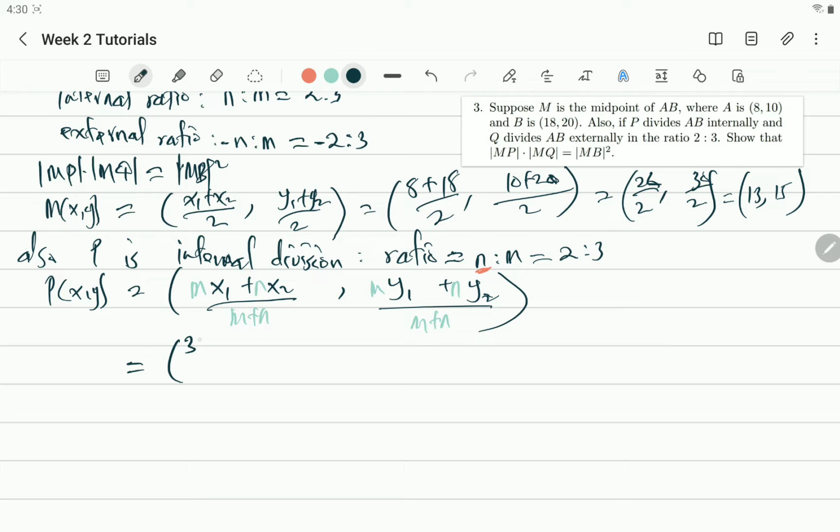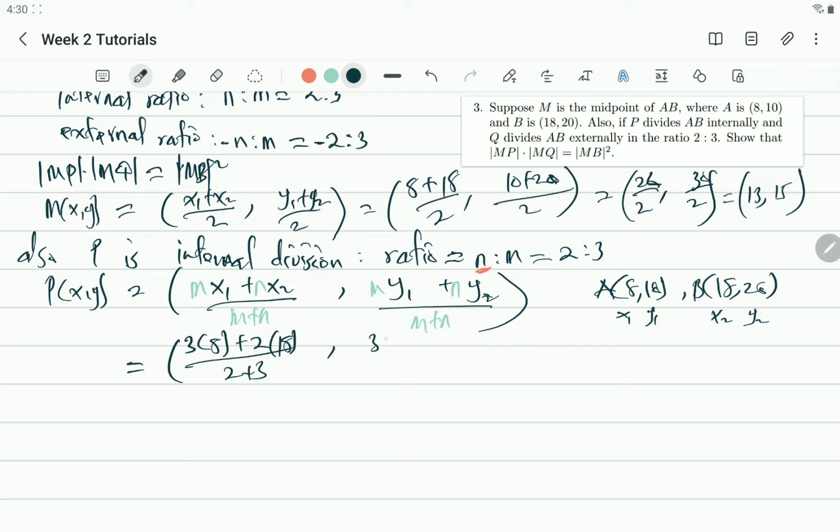So m is 3. We are still dealing with A and B. Just to recall, we can write the coordinates of A and B here, which are already in the question: A is 8, 10, and B is 18, 20. This is x1, this is y1, this is x2, and this is y2. So 3 times x1, which is 8, plus n, which is 2, times x2, which is 18, all over 2 plus 3.